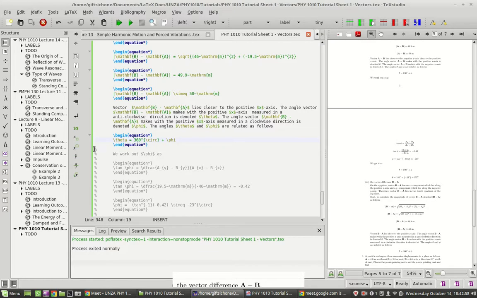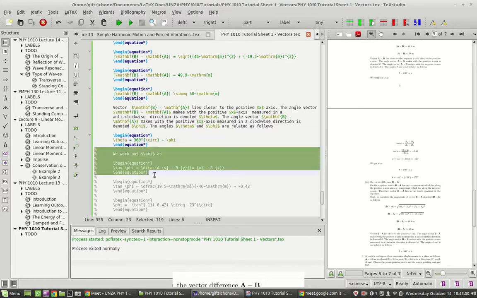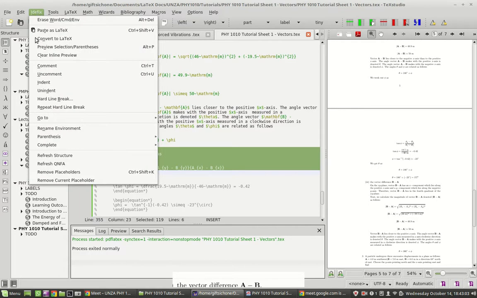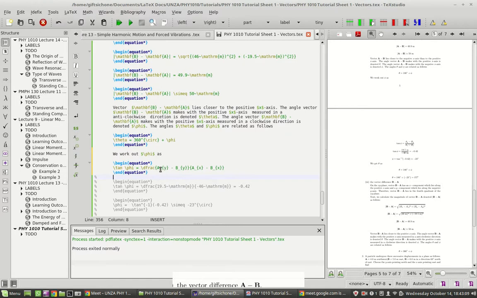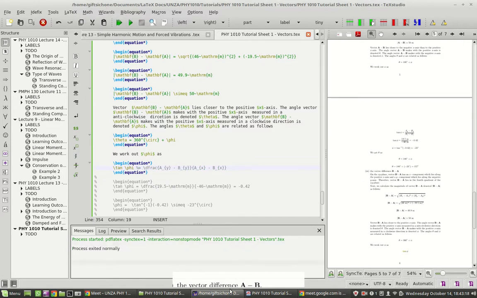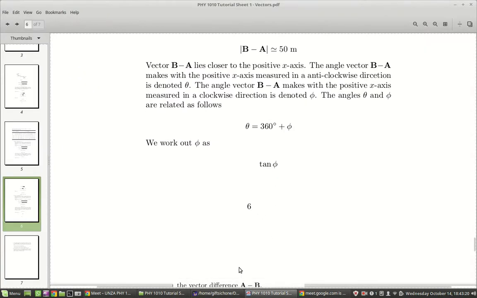Next, we try to work out phi, the angle which is closer to the axis. So in this case, phi is going to be how much? Tan phi. How are we going to work out tan phi?